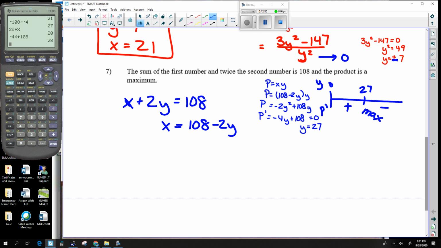So that product is a maximum, which is what I want it to be. So y is equal to 27, and then x is 54.